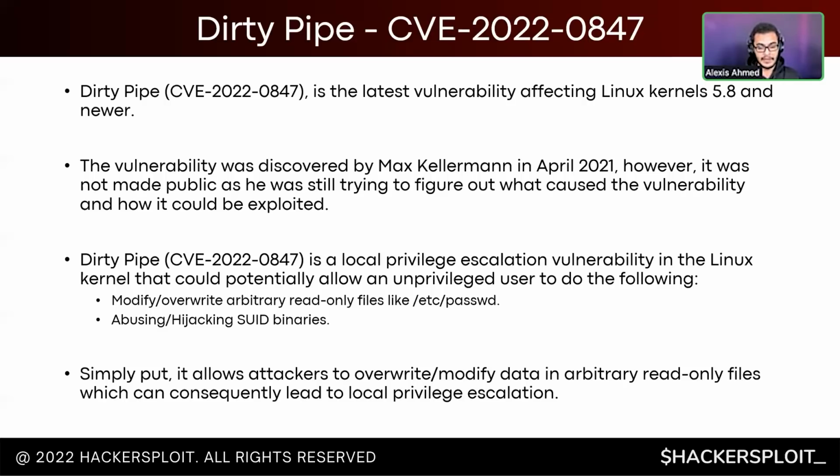They can also elevate their privileges by abusing or hijacking SUID binaries. The crux of this vulnerability is that it allows a user without root privileges to elevate their privileges to that of the root user. They can essentially get root access on a system, which means they can control that system and do whatever they want. So this is a huge deal.